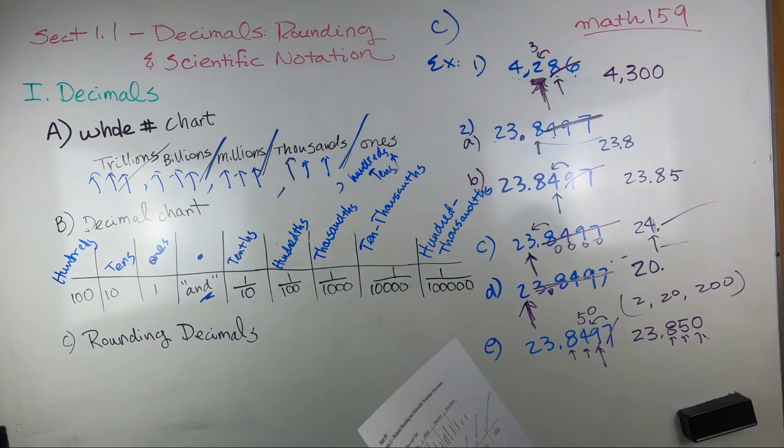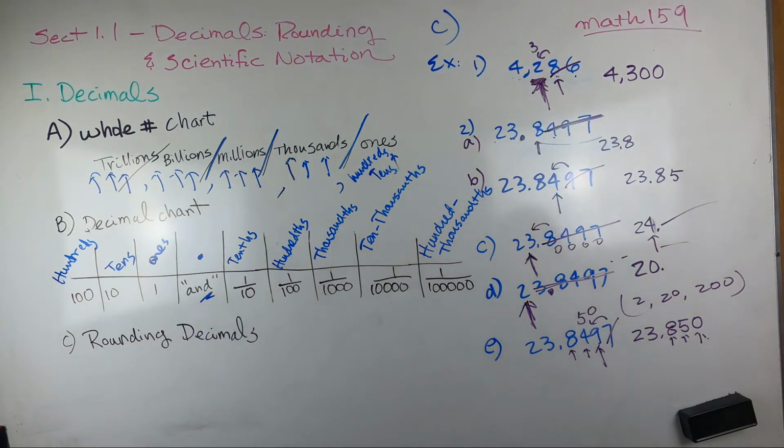If you are not told how many decimal places to round to, then you often want to think about the smallest number of decimals to keep so that no important information is lost. That's the purpose of rounding. Okay?